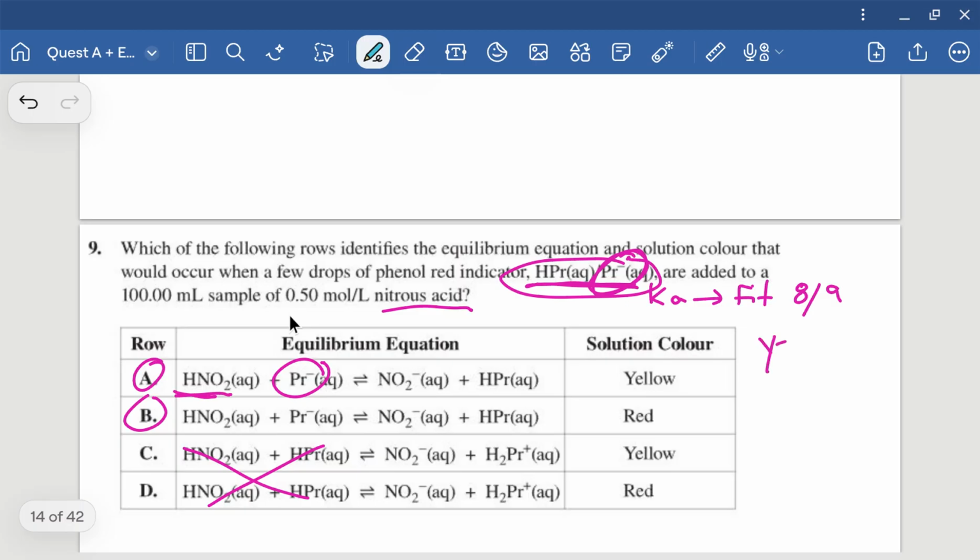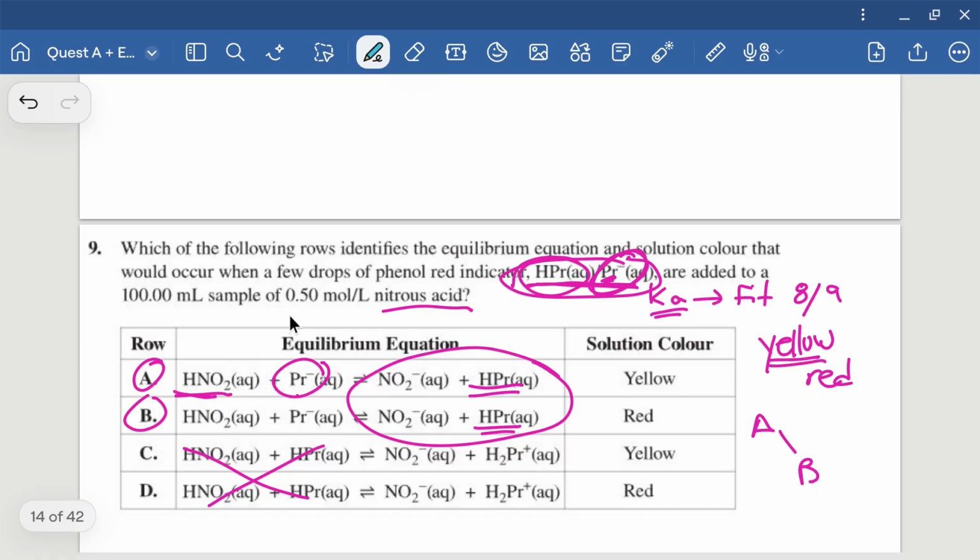It is yellow if you're favoring the hydrogen ion, and it is red if you're favoring the negative ion. Looking at placement based on where that Ka is, your acid is higher up than your base, so the product side will be favored. If the product side is favored, you have more of the hydrogen ion, the acid part of the buffer, which means you're going to be more the acid color. So that one is going to be A.